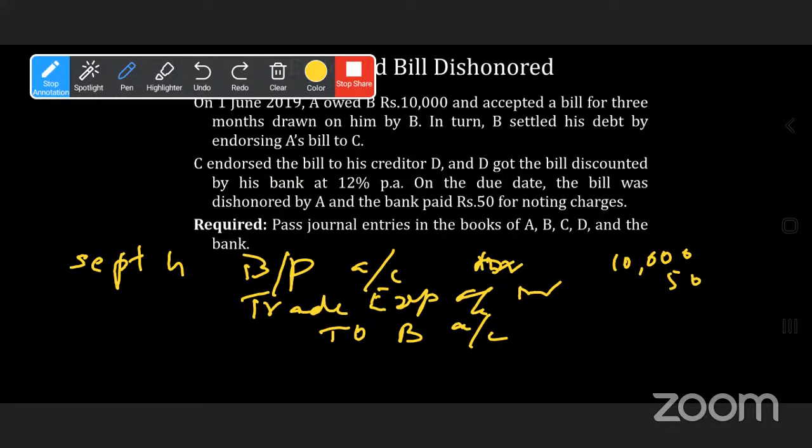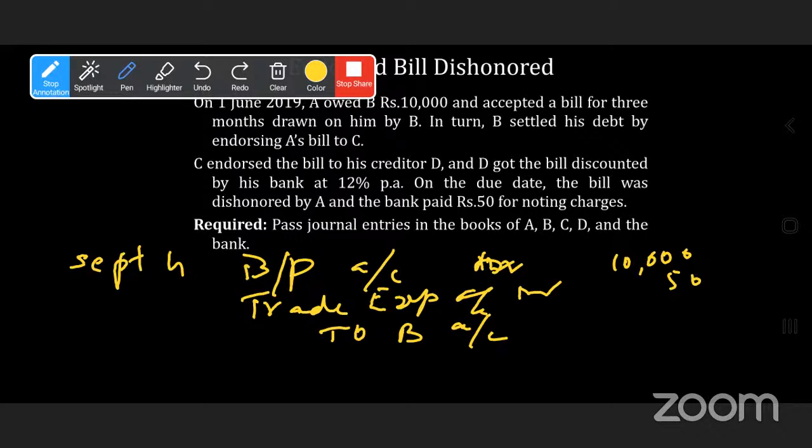So the bill was dishonored. If the bill is met, you have to pay to the last person, whether it may be a person or a bank. But this amount was not paid. So you have to write the transaction. In the transaction, you have to mention B account. He has to pay the amount to B. Bills payable account debit 10,000.